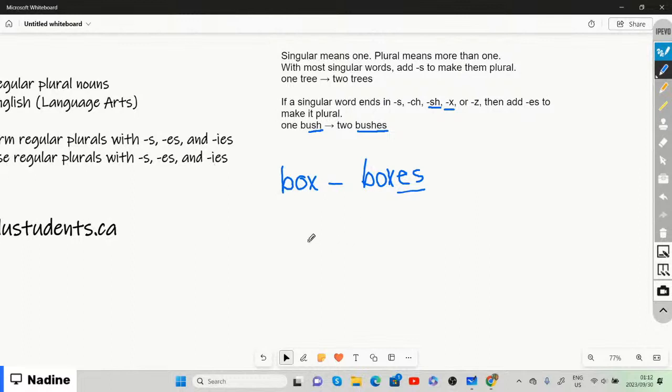All right. Let's say we choose a word that ends in CH, for example. There's one church in my town, but in the next town there are three churches.